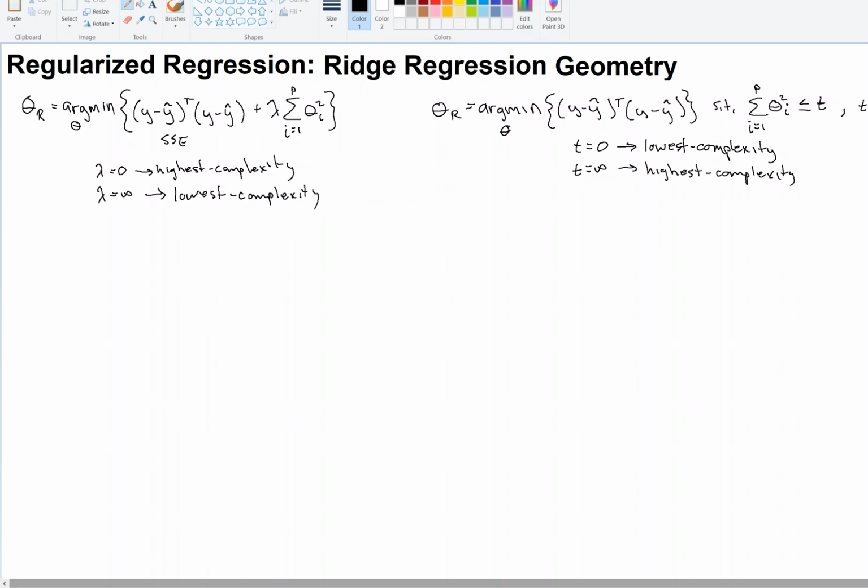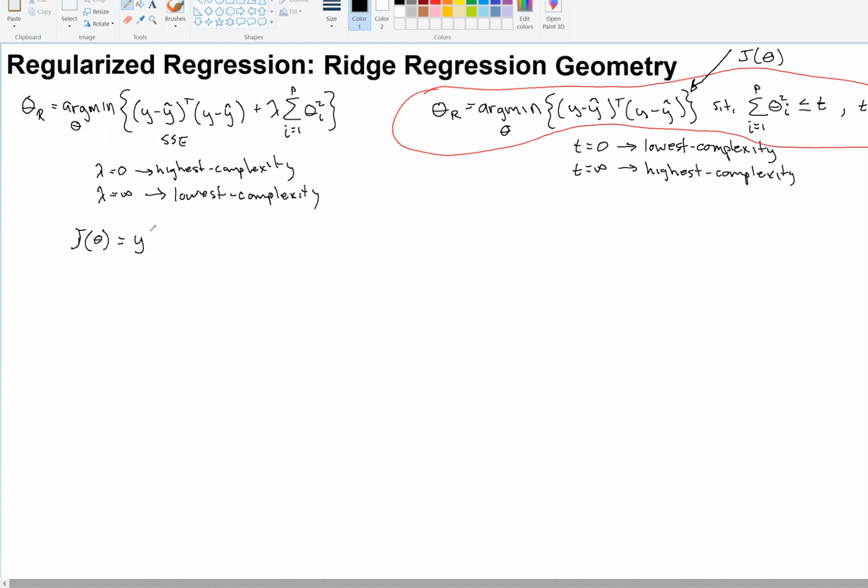Now I'm going to give you a two-dimensional interpretation of the ridge based on this formulation here. Why 2 dimensions? Because I can draw 2 dimensions. So we're going to call the thing inside the curly brackets J theta, and we know that that's the sum squared error. You give me a theta, and I'll tell you how good it fits, meaning the sum squared error.